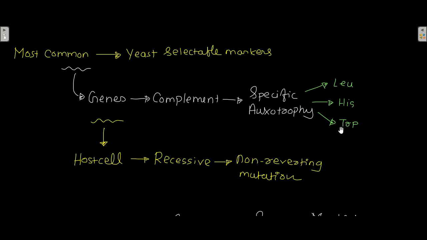And that is the reason why, for this marker, your host cell should contain a recessive non-reverting mutation in it. So that is how the selection process goes in case of a yeast artificial chromosome.